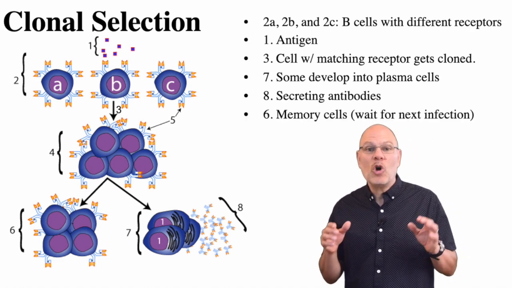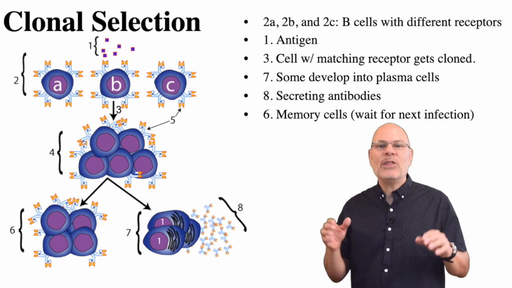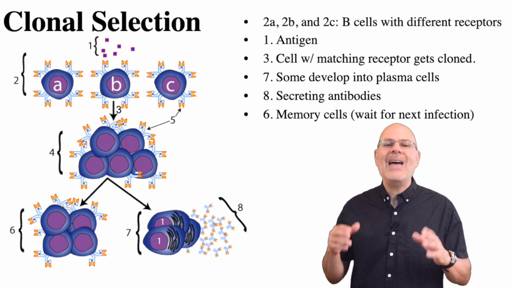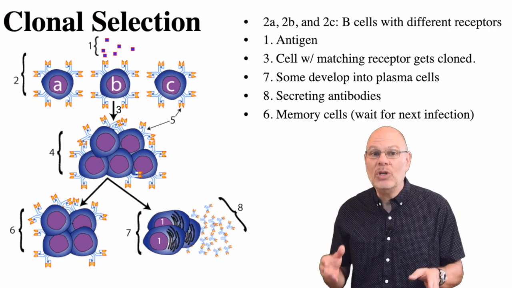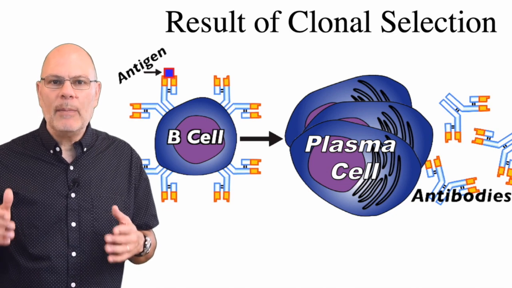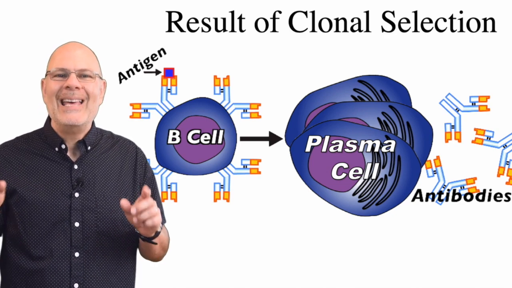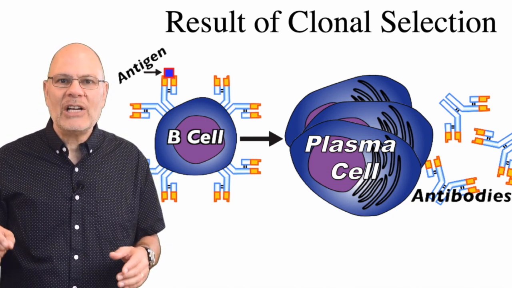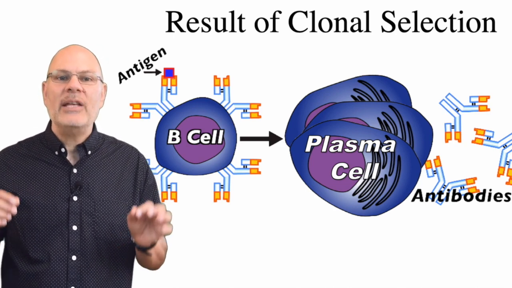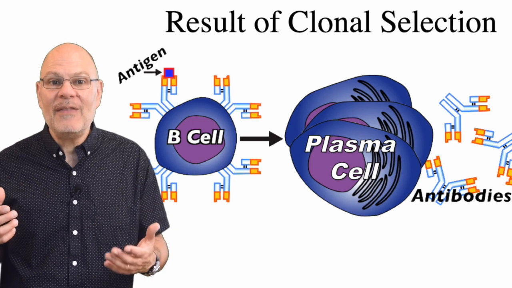These memory cells are ready to spring into action at the first sign of the next infection by the same pathogen, and that is what being immune is all about. To review, in terms of the overcoming part of the humoral response, this is the result of clonal selection, a clone of plasma cells that churn out antibodies that are targeted against a specific antigen.